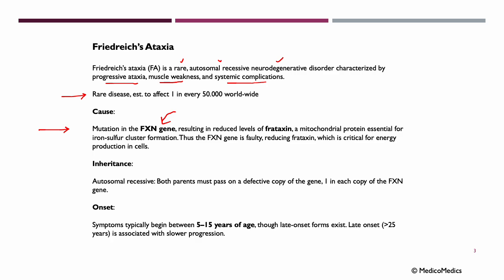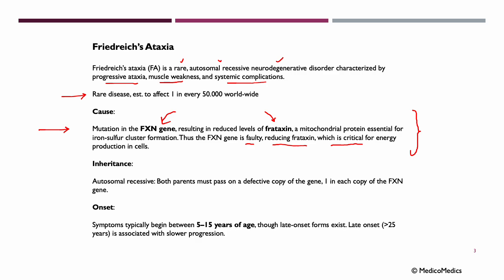This results in reduced levels of the protein Frataxin, which is a mitochondrial protein essential for iron-sulfur cluster formation. Thus, the FXN gene is faulty, which leads to a reduction of Frataxin, which is critical for energy production in cells. Now, we will talk about this pathophysiology and the steps involved in greater detail as we move through this presentation.